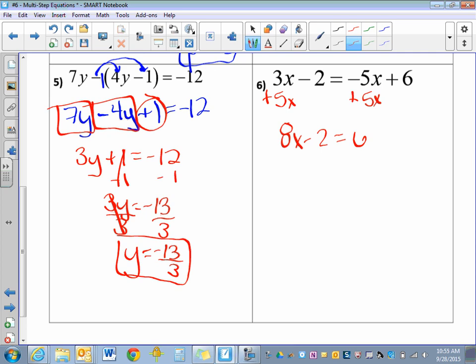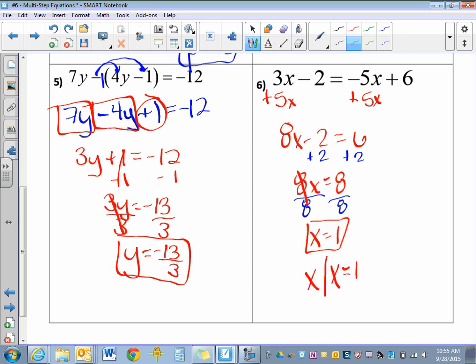So then it's again back to how we had it last class. Add your 2. 8x equals 8. Divide by 8. Those reduce, and x equals 1. And again, in set notation, x such that x equals 1.